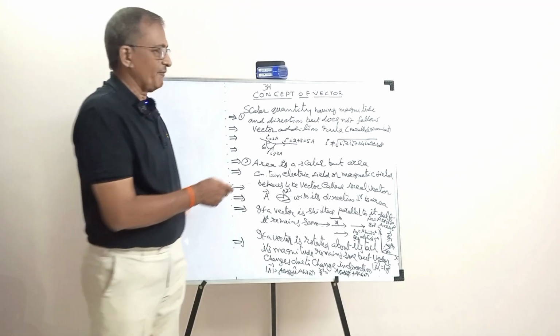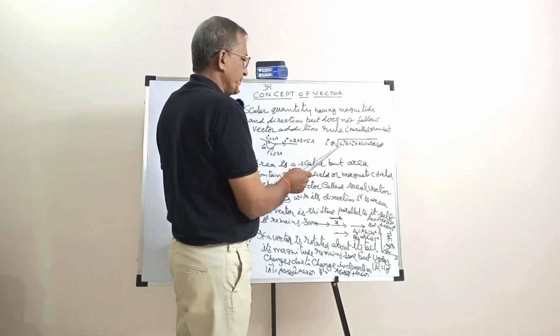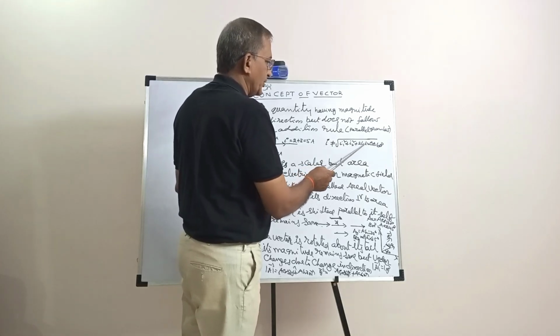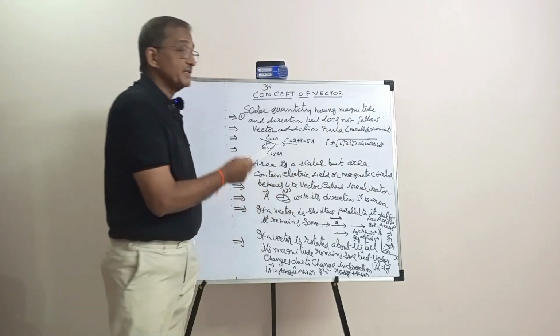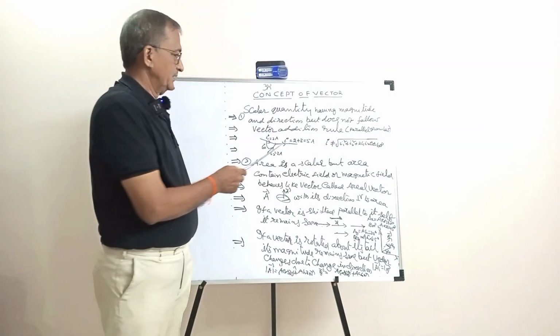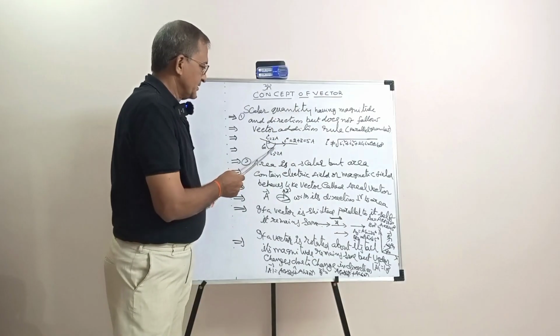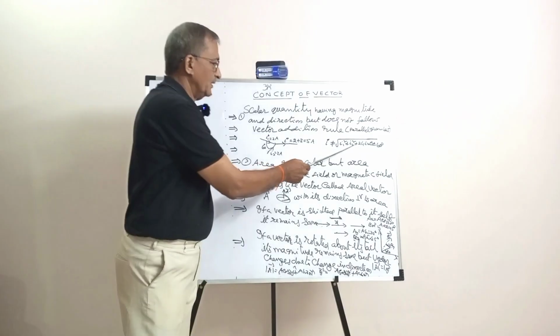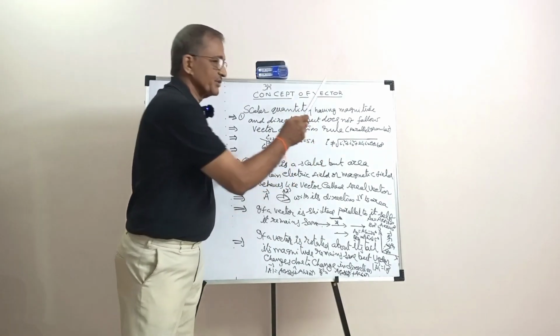According to the parallelogram law of addition, this I must be equal to root over I1 square plus I2 square plus 2 I1 I2 cos 60 if current is a vector. But this is simply scalar addition: 2 plus 3 is equal to 5 ampere. It does not have the magnitude given by this formula.